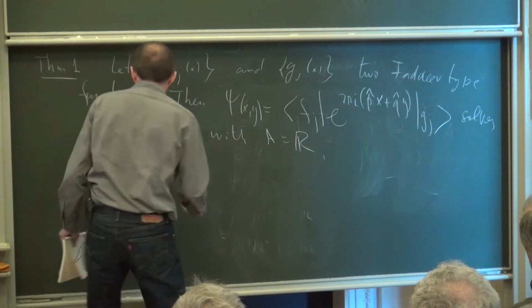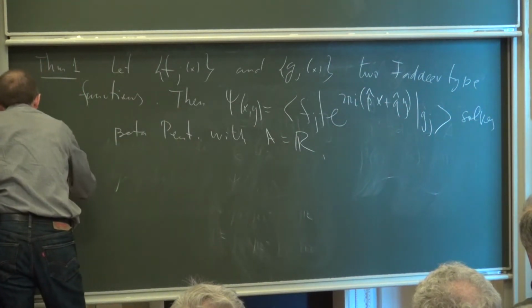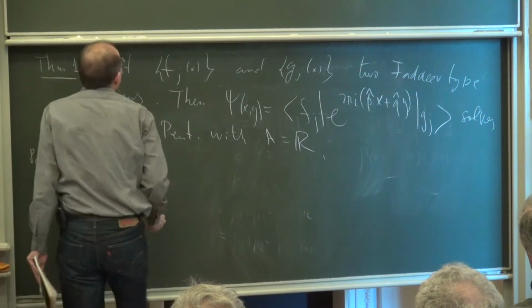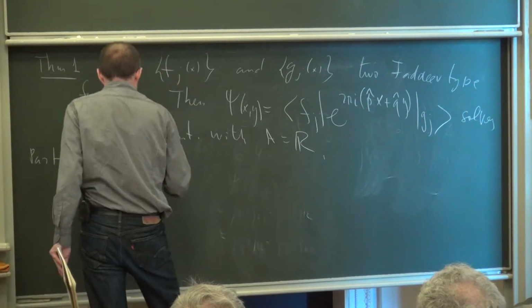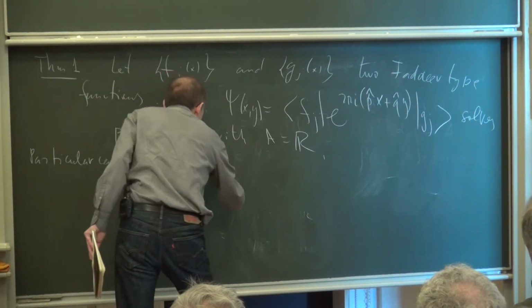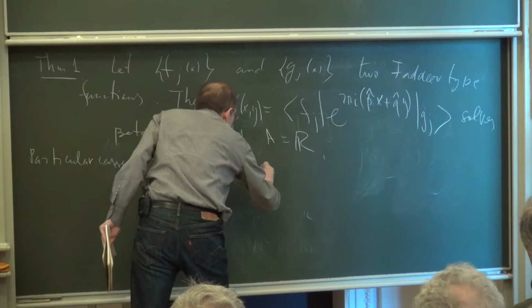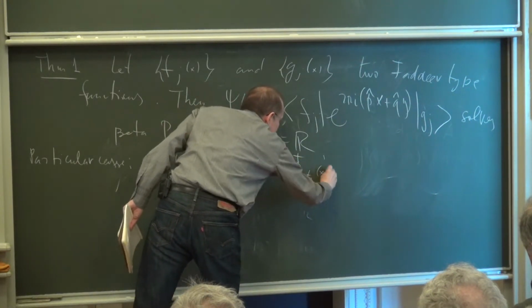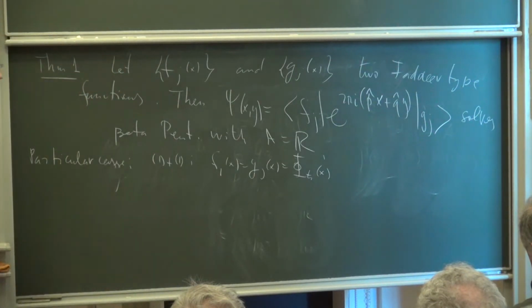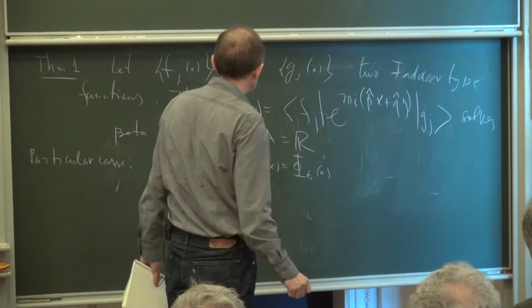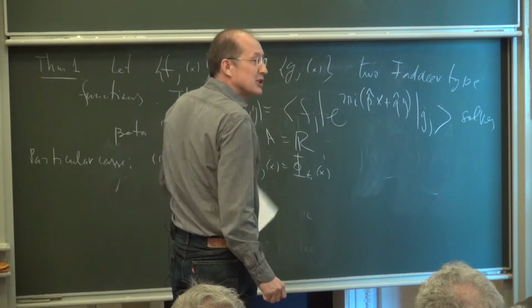In particular cases, for example 1 plus 1, which means that f_j of x equals g_j of x equals phi of h bar of x. These are the Wigner functions, I think they are called. I don't know.